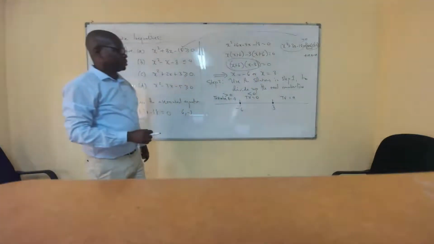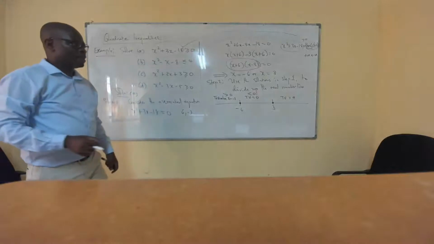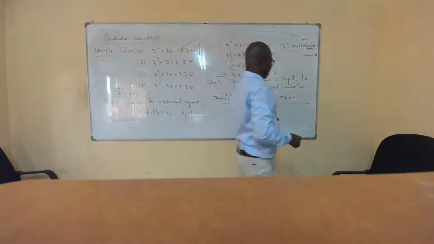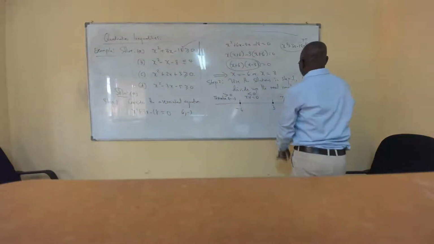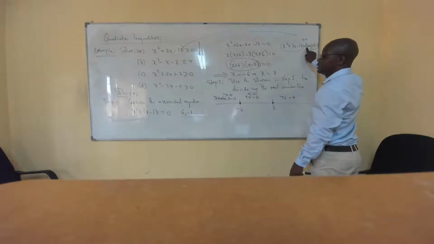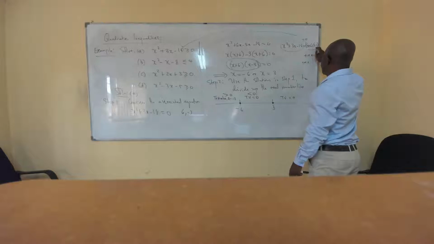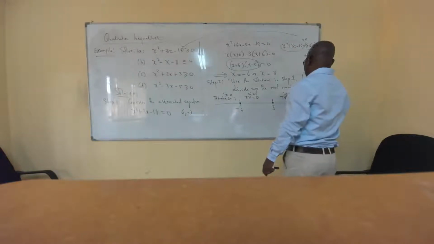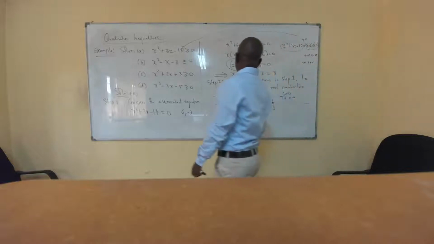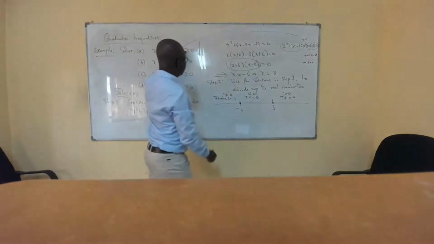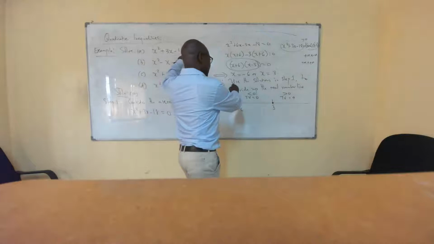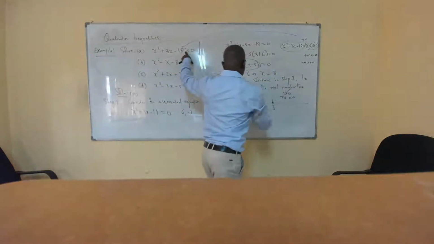And then to the right of 3, we have picked the test value 4. We are only interested in the sign. The first bracket is a positive number, and 4 minus 3 is still a positive number, so it's greater than 0 here. So where this is greater than 0, it's here and there.